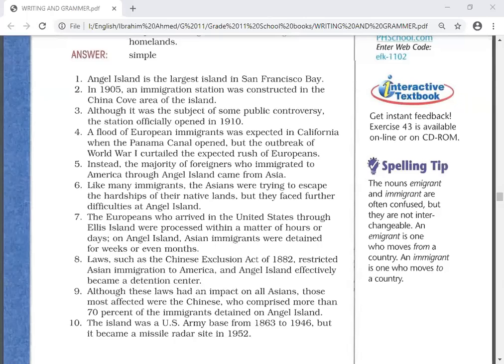In 1905, this is subordinate, and an immigration station, until the end, this is independent. 1905 is not a subordinate clause. It's not a clause at all. A phrase? Yes. So it's simple. In 1905, an immigration station, this is the subject, was constructed in the China Cove area of the island. Thank you, Hala. It's simple.